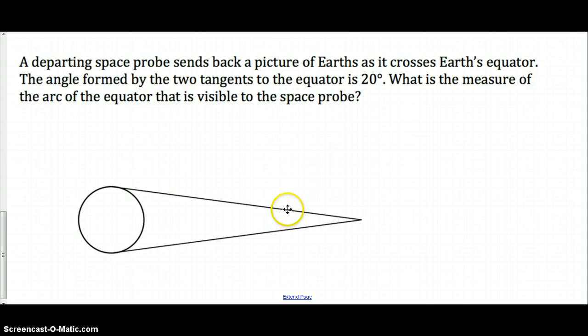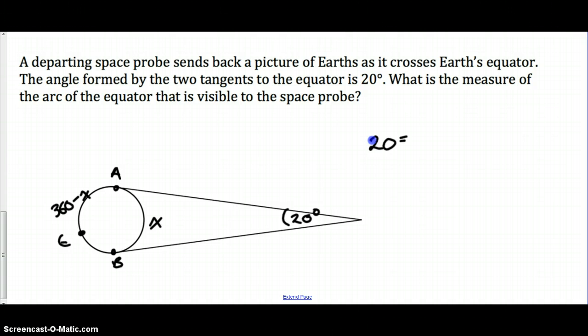So I know that inside this point right here will be 20 degrees. I'm still going to use the naming convention. So if I call this A, B down here, and I can just pick a point on the major arc and call it E, I can still call this X, and I can still call this 360 minus X, and I'll solve the problem the same exact way.